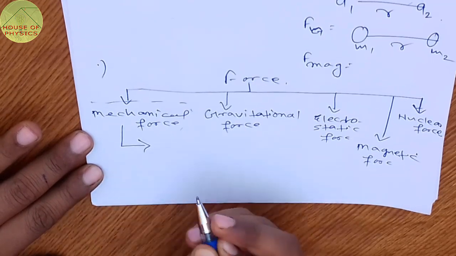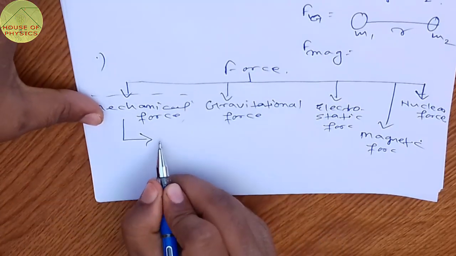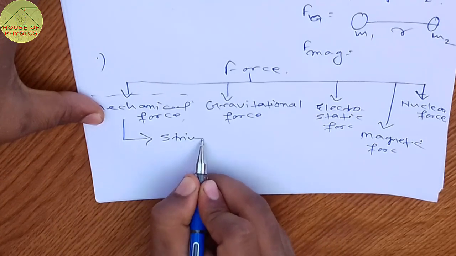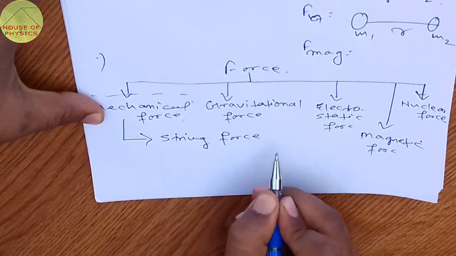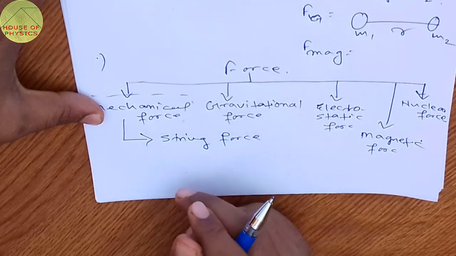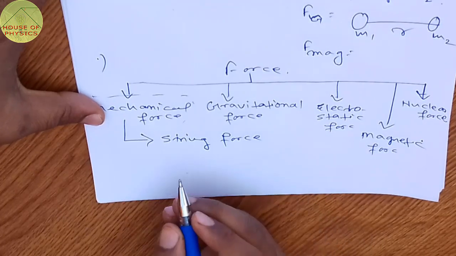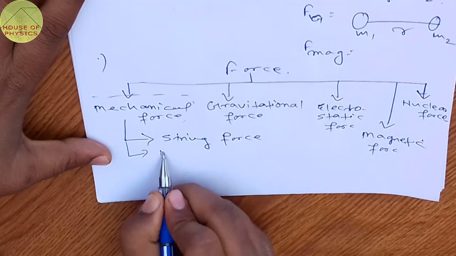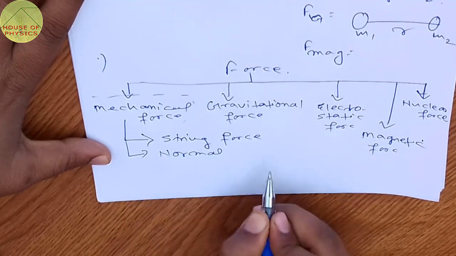The first one is string force. String force, as we are already aware of the string concept, so now we will be applying string forces in different block systems. The next one is normal contact force.